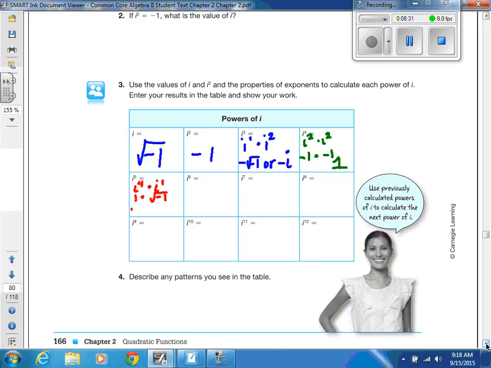That's going to be the square root of a negative 1, or just i. All right, what about i to the sixth? I break this up into i to the fourth times i squared. What does that simplify to?